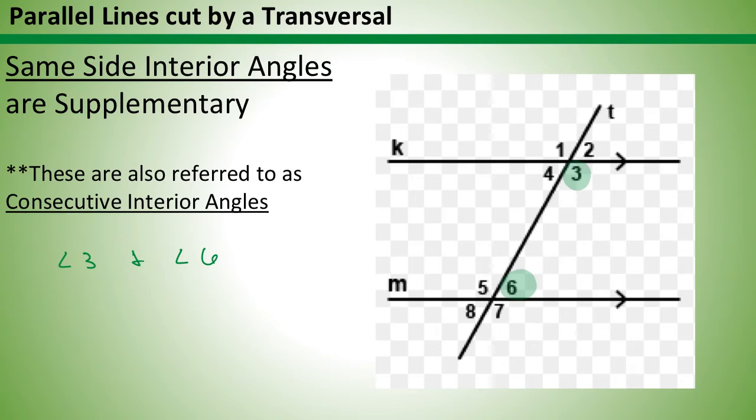We also have angle 4 and angle 5. Be able to recognize those and know that these are going to be supplementary. These angles are always going to add to make 180 degrees. There's no way they can be congruent because they don't even look the same. So I would add those together and I would expect to get 180 degrees.